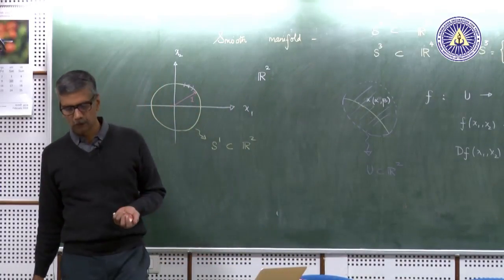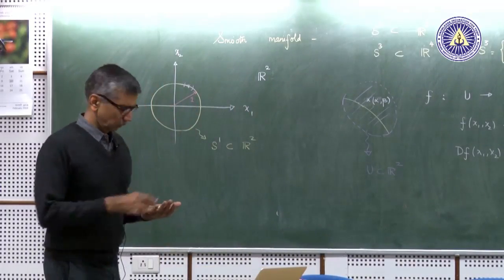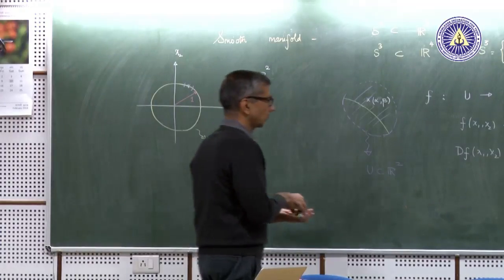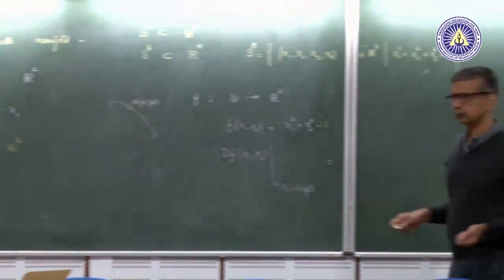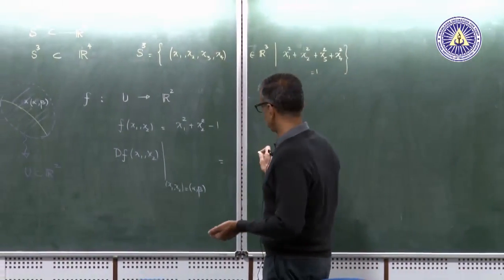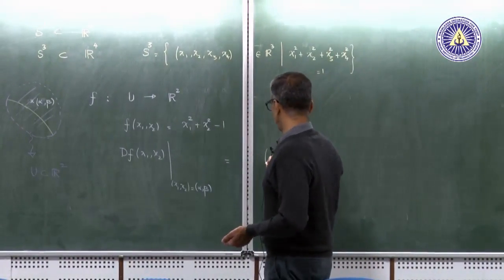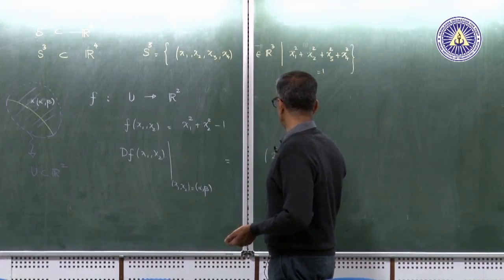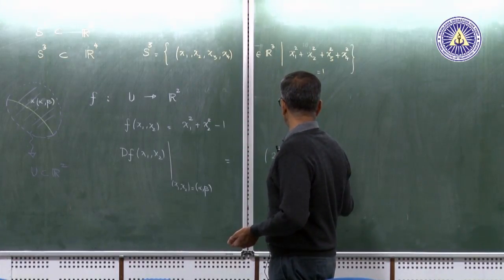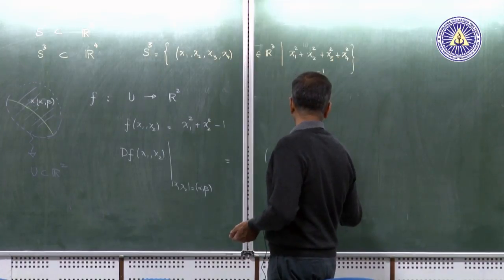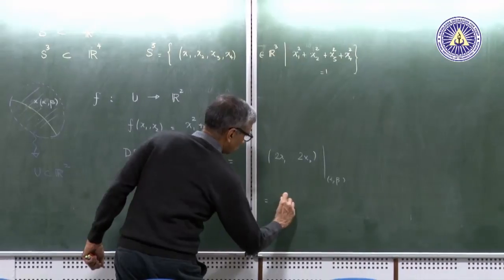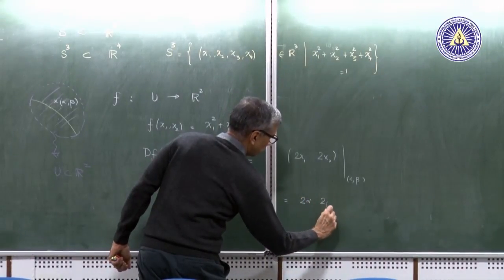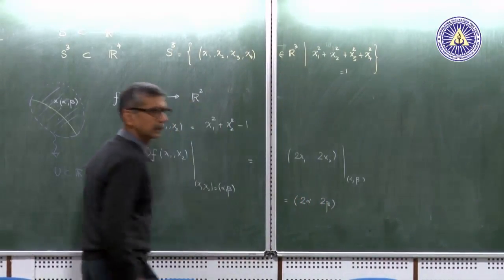What is the Jacobian of f? Two x1, correct, 2x2 evaluated at alpha beta, right. So that is 2 alpha 2 beta, correct, right, indeed.